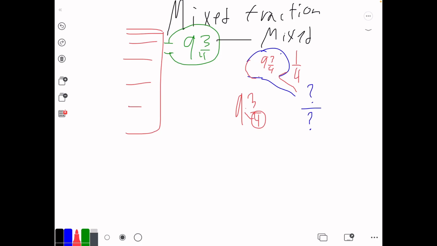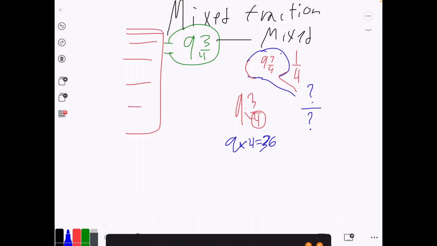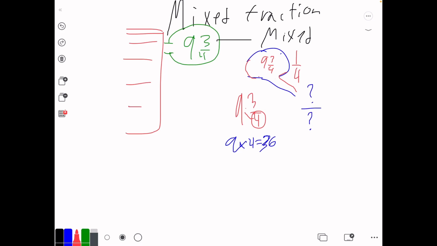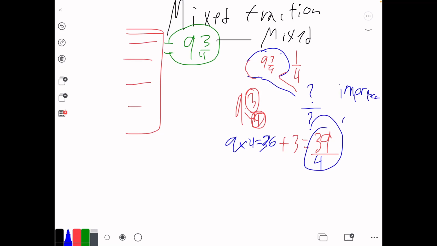So the denominator, you want to multiply that and the whole number. So 9 times 4 is 36. Now after that, you want to add the numerator, not multiply, but add. So you add 3 and you get 39. And then for your denominator, it's just the denominator of what you had before. So 39 over 4 would be your improper fraction.